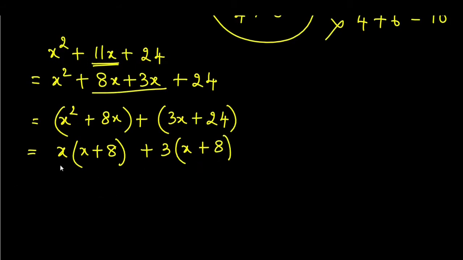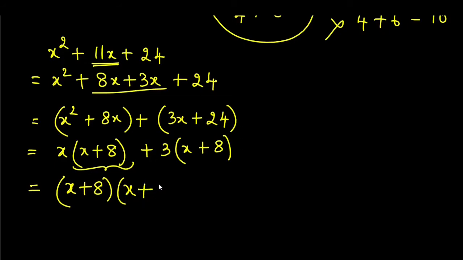Now we have obtained two units here, x into x plus 8 and 3 into x plus 8. Out of these two units, x plus 8 is a common factor. When we write x plus 8 as a common factor separately, we remain with x here and 3 here.